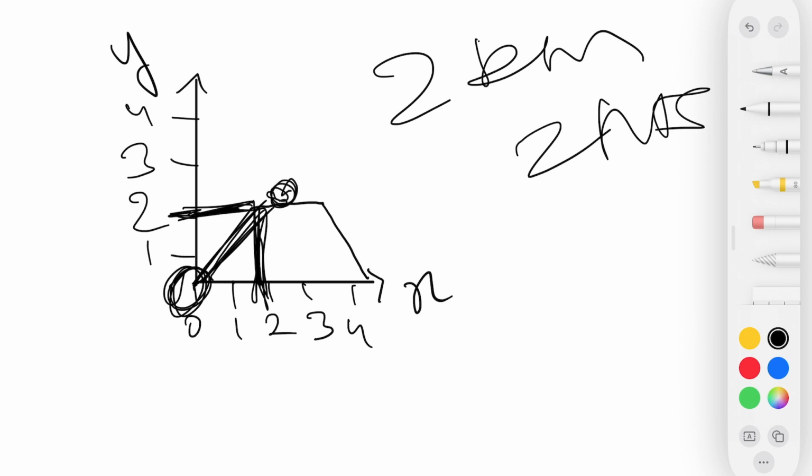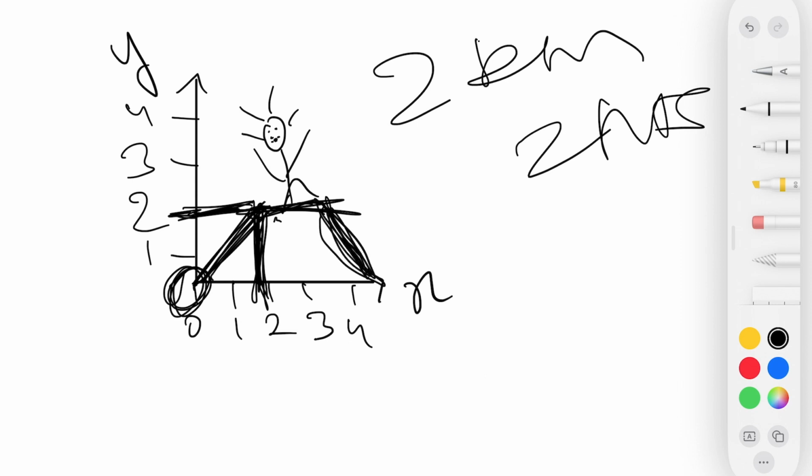Then the person is still. So now after covering 2 kilometers in 2 hours, the person is still. He is not moving from here.